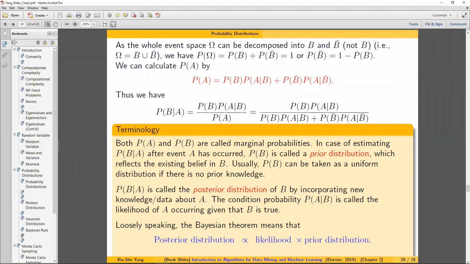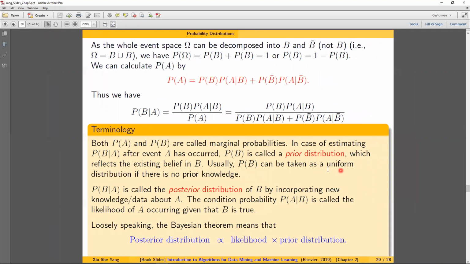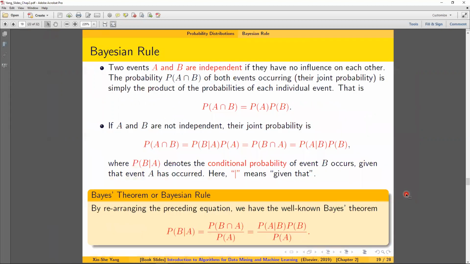Okay, so let's continue with our discussion on the Bayesian rule.